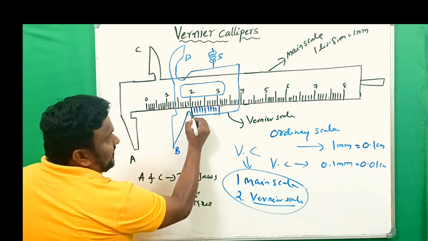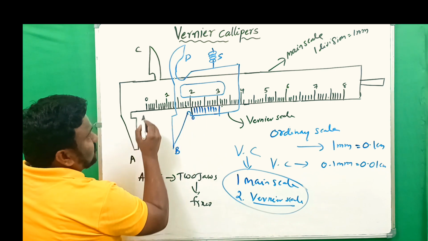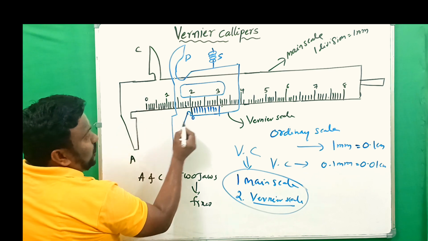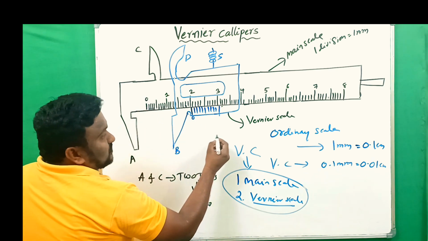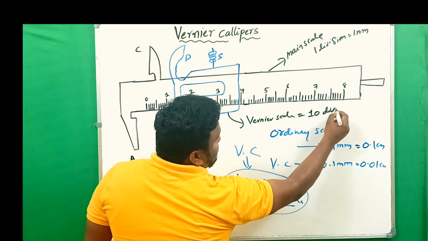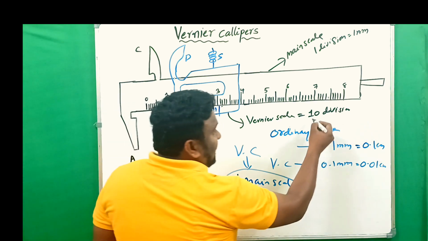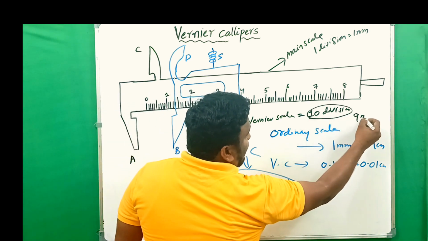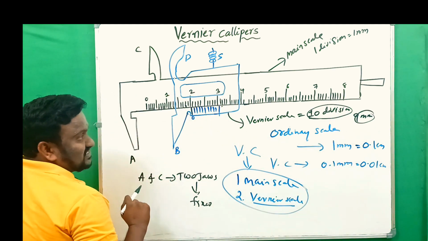This is the vernier scale 0 and this is the main scale 0. You have to observe. So the vernier scale in this diagram consists of 10 divisions. Clear? And these 10 divisions must fit in 9 millimeters of the main scale.